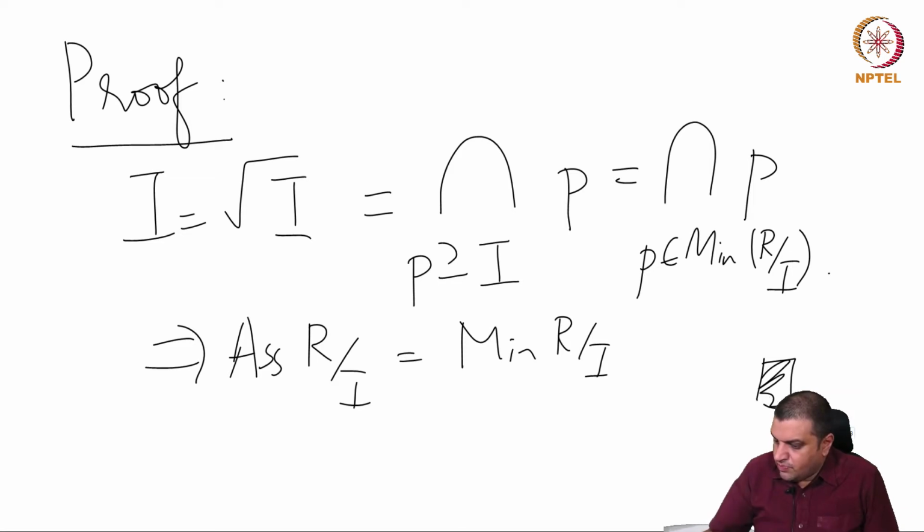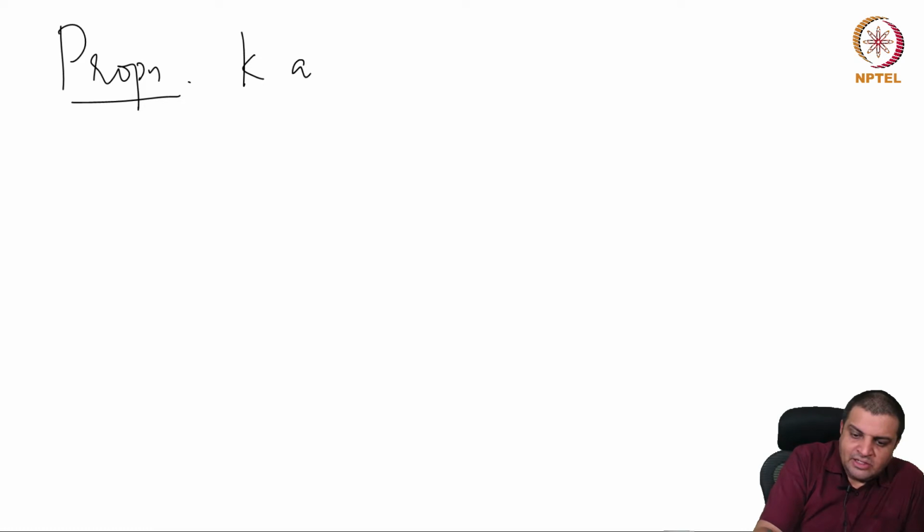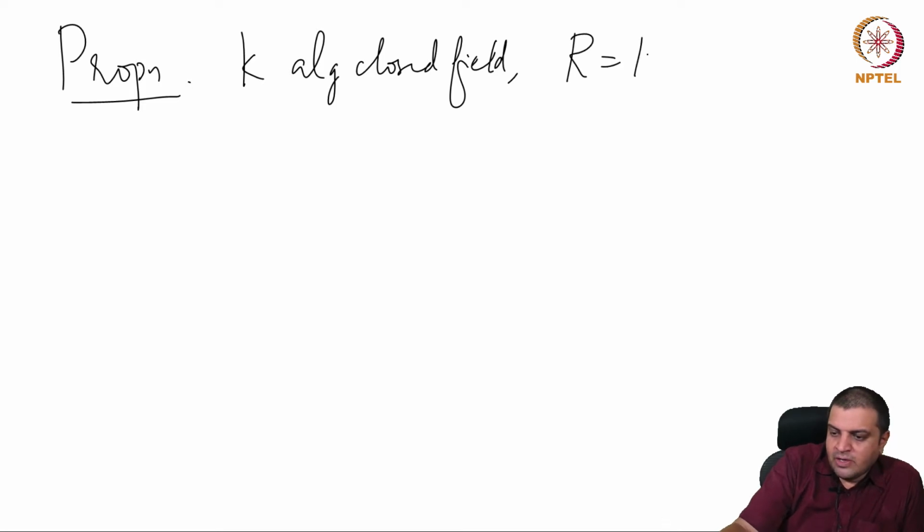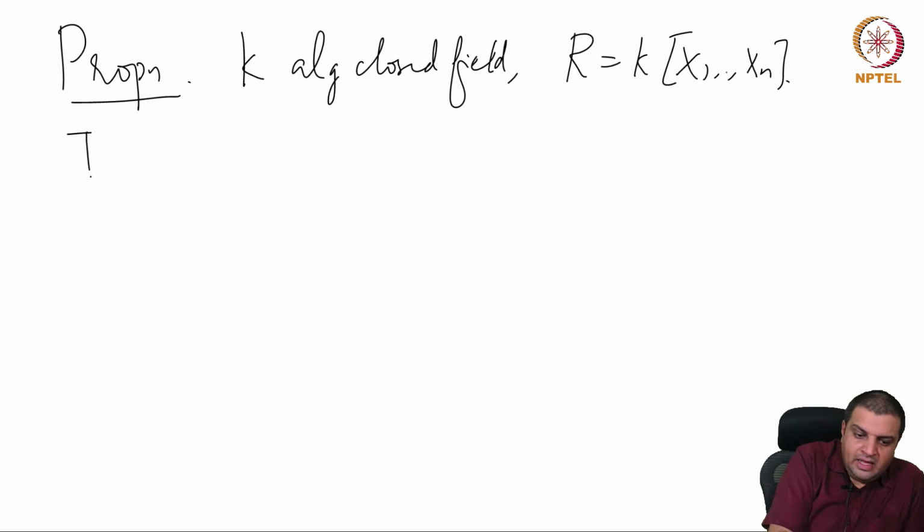Next, a geometric viewpoint. So this is also what we started with. Let K be an algebraically closed field, R a polynomial ring over K in these many variables, and I an R ideal.